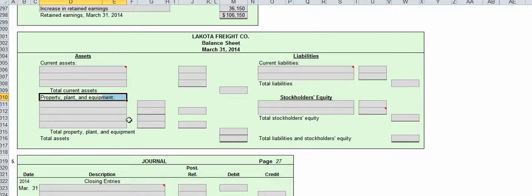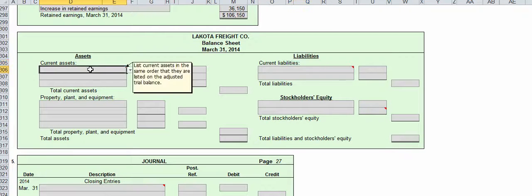Those will be assets that will benefit more than just the current fiscal year. And they include things like buildings, land, equipment, things of that nature. Any depreciable assets would be included here, or assets that we depreciate. Now, current liabilities will be liabilities that we pay out of current assets within one fiscal year.